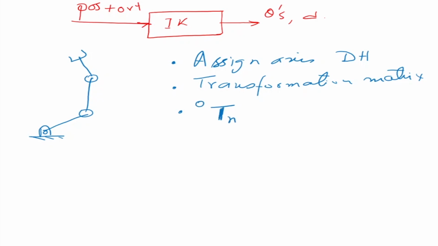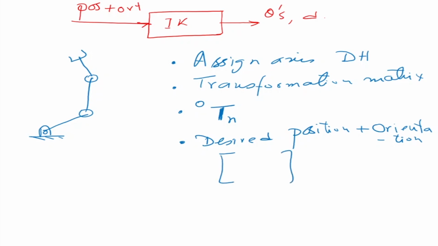Then there is a desired position and orientation of the end effector, which is given to us. This is my rotation matrix, this is the position, and this is 0, 0, 0, and that is 1.